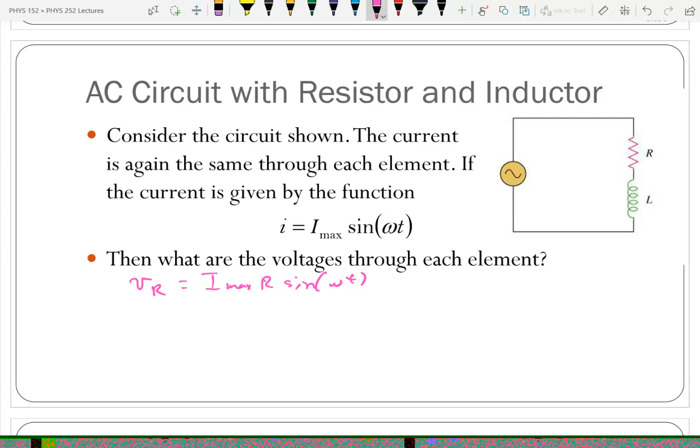And what is the voltage across the inductor in this case? How do I find it?